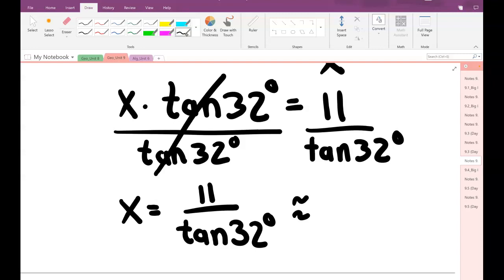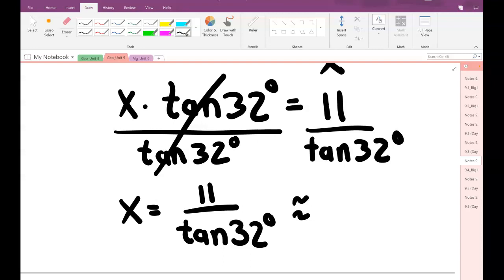So on most calculators, the tangent button is on the farthest right, usually by the division symbol. Yeah, on this one, the tangent button's right by the division symbol. So on the pink ones over here, it's pretty easy to find. On all scientific calculators, there's a tangent button.